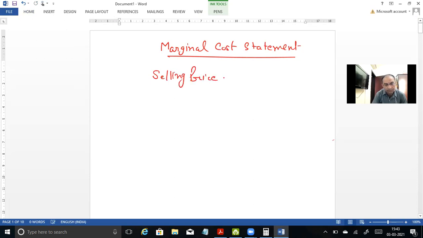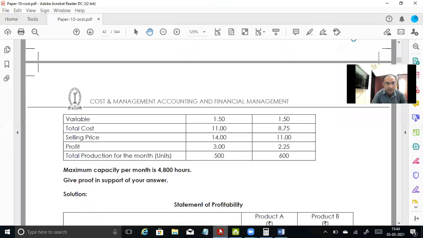Selling price, everything is per unit for product A and product B. So product A, it is given selling price is 14, and for product B, it is given 11. Let us check once again. 14 and 11. Yes.